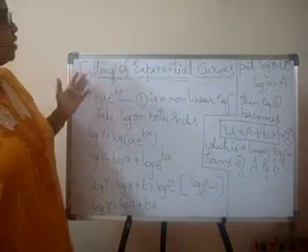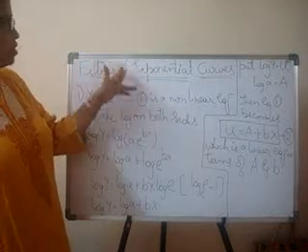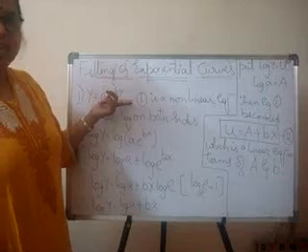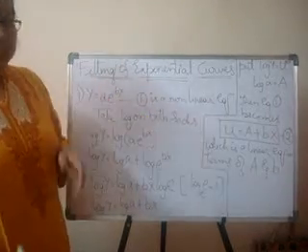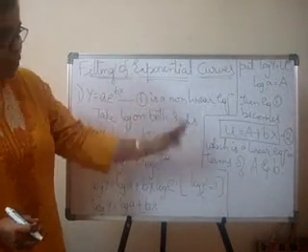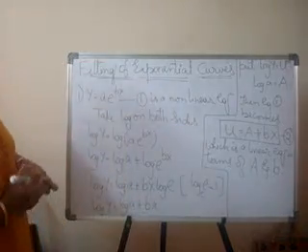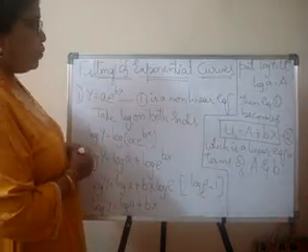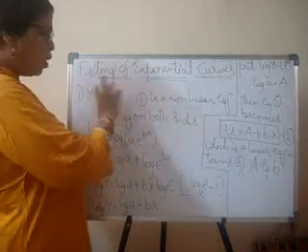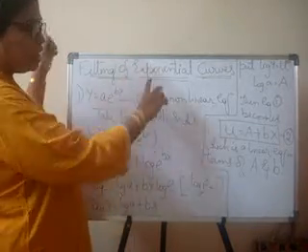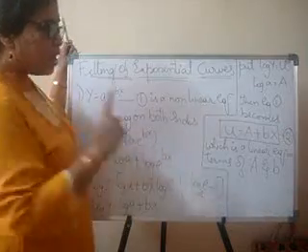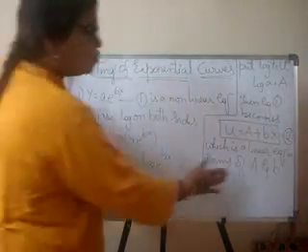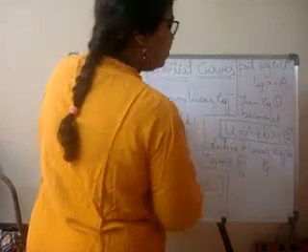Exponential curves are non-linear, so the non-linear equation we have converted into a linear equation in terms of u and x. Here we had y and x in a non-linear equation. We have taken the log on both sides and then reduced it into a linear equation in terms of u and x.